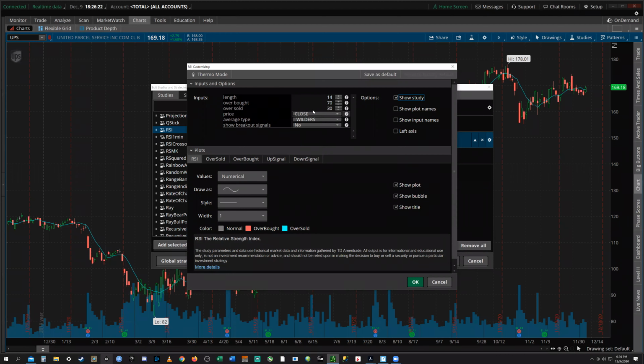You really don't need to pay attention to these unless you really want to fine tune some stuff. You can do the average type, just leave it on default. I can go over what these mean because there is some mathematical difference to it, but in regards to just learning it, that's okay. Okay, so I'm just going to apply.